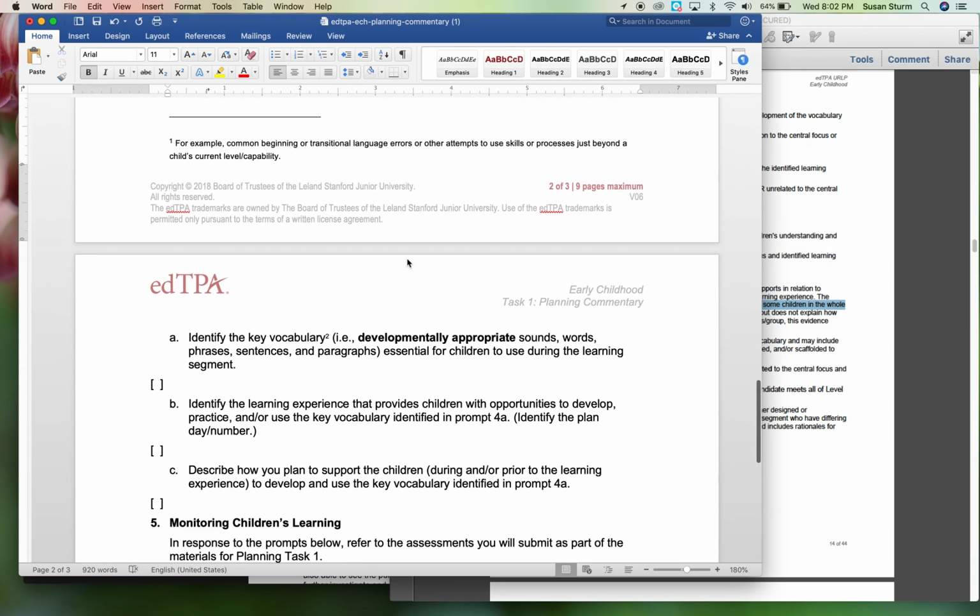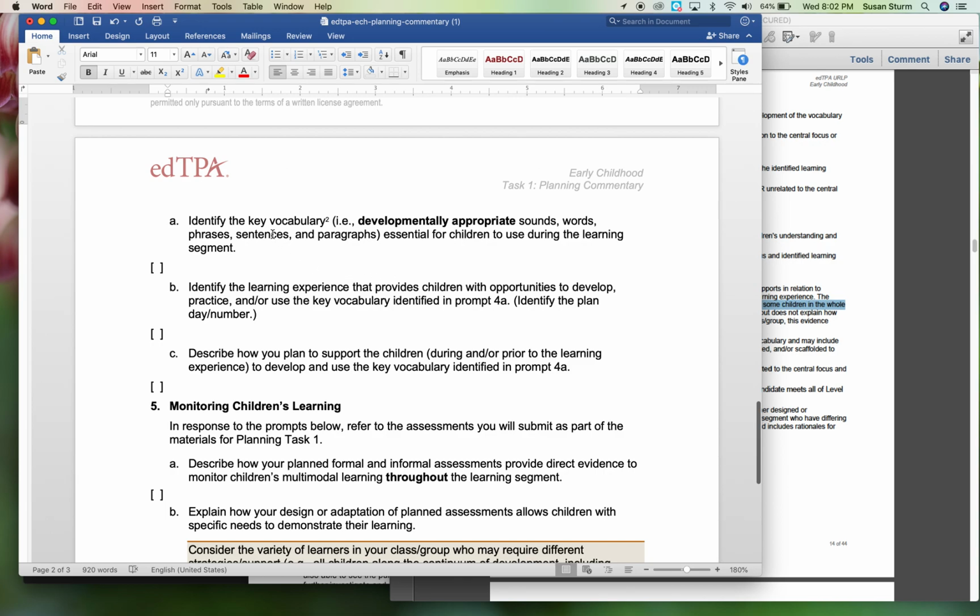So step 1 is identify the key vocabulary, developmentally appropriate sounds, words, phrases, sentences, and paragraphs. So depending on what age range you're in, you can choose from those, essential for the children to use during this segment.